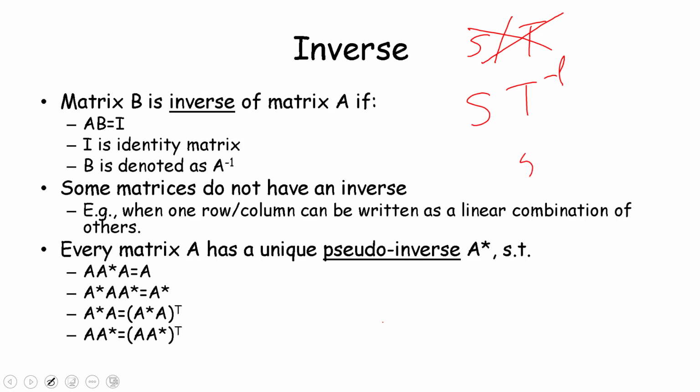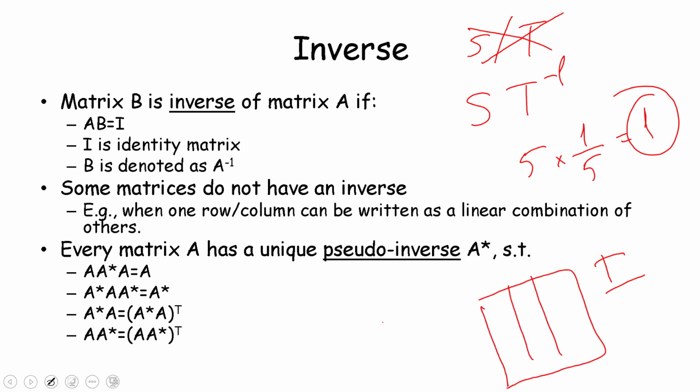The inverse of the number 5 is 1 over 5, because when we multiply them together we get 1. In matrices, the identity matrix is sort of the equivalent of the number 1 in arithmetic. An identity matrix is a matrix whose main diagonals have 1s and all off-diagonal values are zeros.